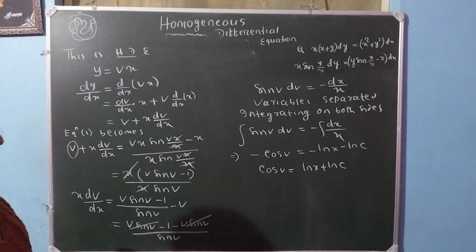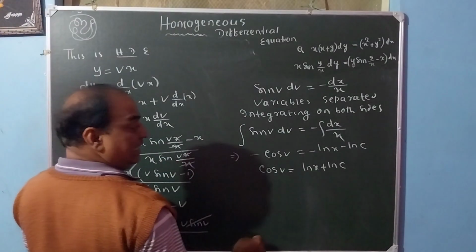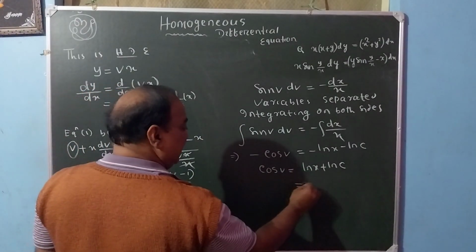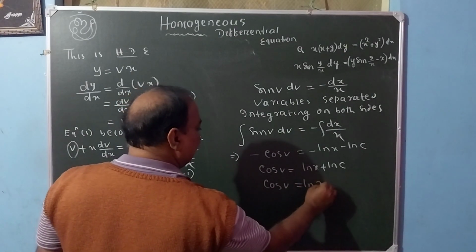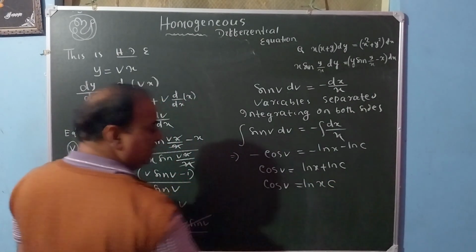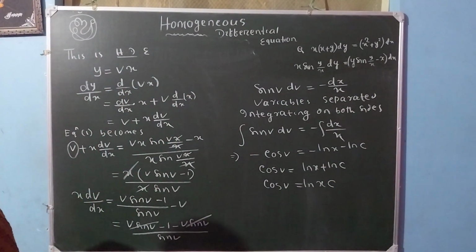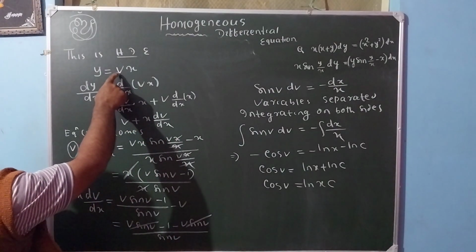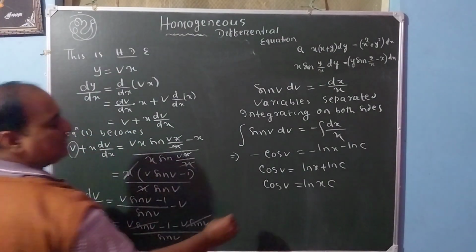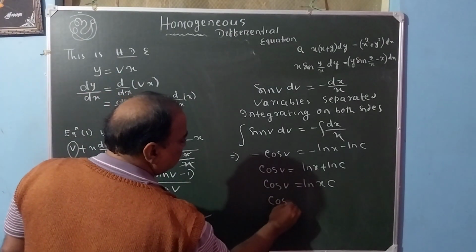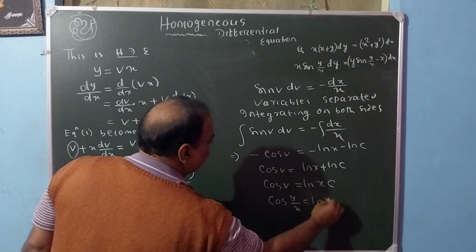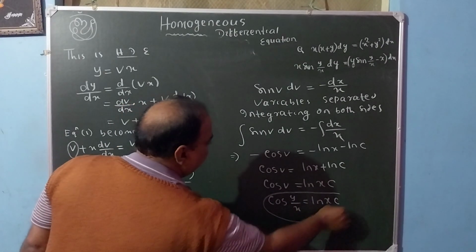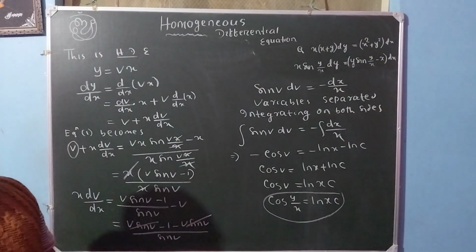Okay, ln a plus ln b is ln ab. Here cos v is ln xc. Now in place of v, we have to put y by x. Cos y by x is equal to ln xc. So this is the answer of this question.